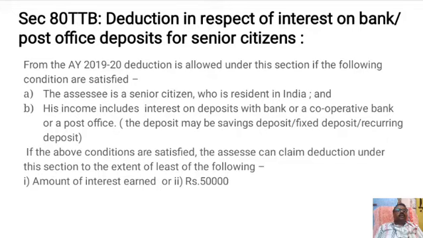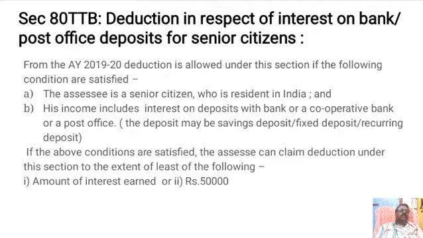Deduction is allowed under this section as follows: the assessee is a senior citizen who is resident in India. Secondly, his income includes interest on deposits with a bank or a cooperative society or the post office.